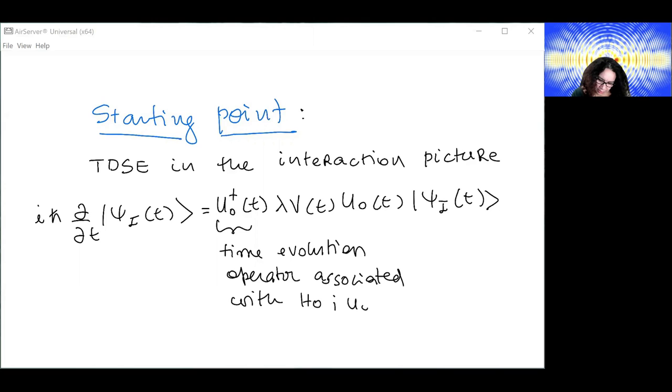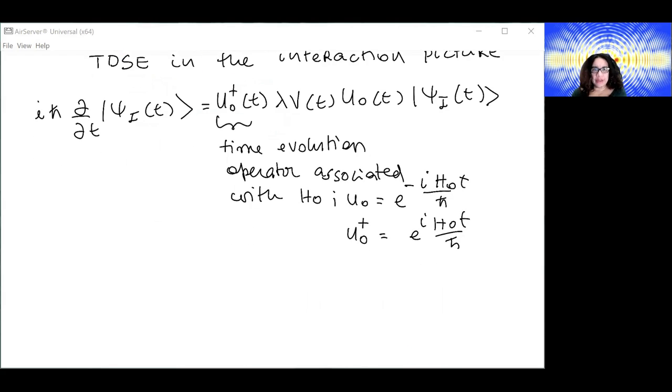So U naught is e to the minus i H naught t divided by h bar, so that U naught dagger is e to the i H naught t divided by h bar. So this is our starting point, and we have assumed that we can expand this psi_I(t) into a basis of the eigenstates of H naught.